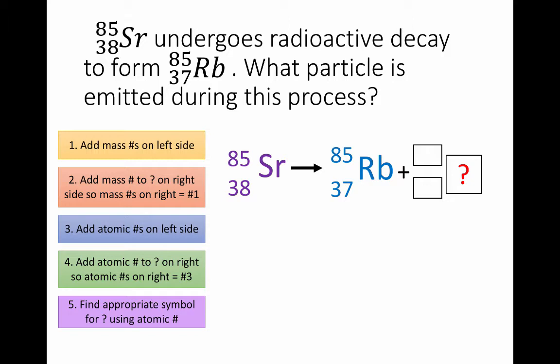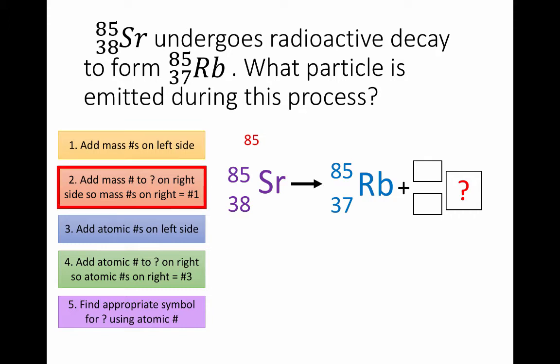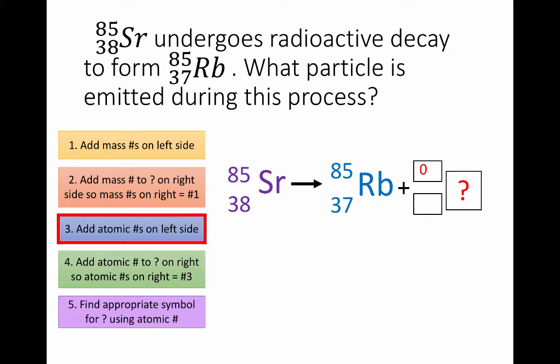This is slightly different from what we've been doing in the past, and also it's very much similar. Because we start out by saying, what's the mass number? Mass number of the left side, 85. Mass number of the right side has got to equal 85, so something plus 85 equals 85. That something will be 0. Let's figure out the atomic number of that mystery thing.